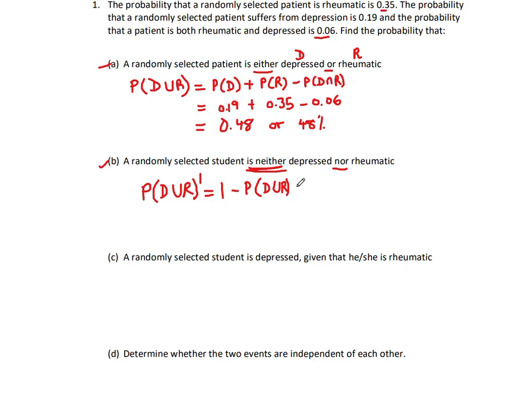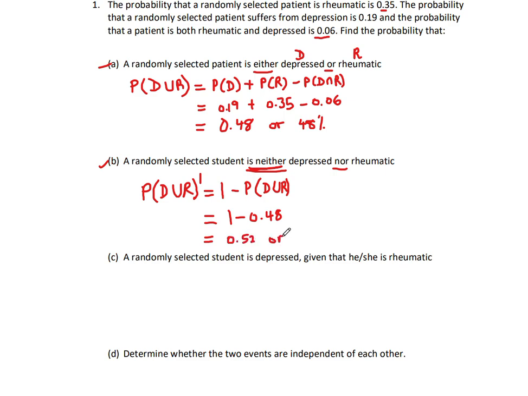We first need to know the probability of the union itself, which is either or, and then subtracting the probability of either or from the total probability of 1 gives us the remaining space of neither nor. So this will be 1 minus 0.48, because we found D union R to be 0.48, and that gives us 0.52 or 52%.